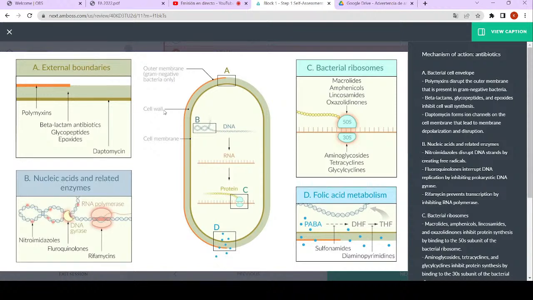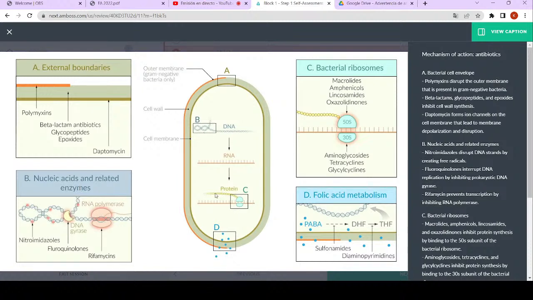In the cell wall, beta lactam antibiotics, glycopeptides, and epoxides. And in the cell membrane, daptomycin. Then nucleic acids and related enzymes.